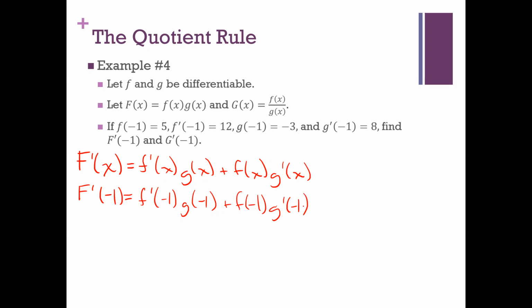Are we okay with what I'm doing here? All right. So what are these values then? What is f prime of -1? 12. So 12 multiplied by -3 plus what?